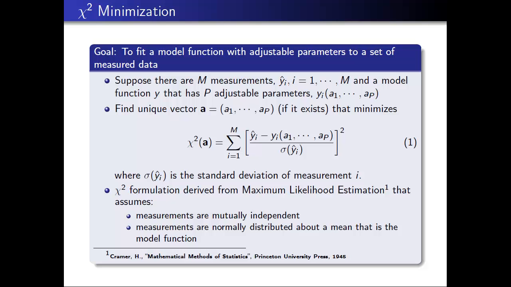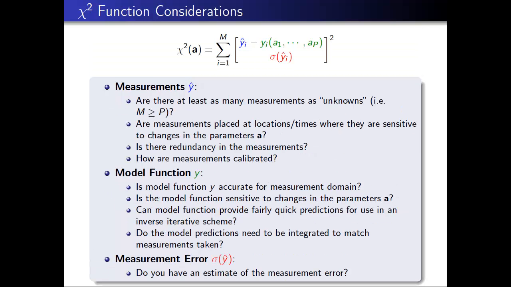First, that the measurements are mutually independent, and that the measurements are normally distributed about a mean that is the model function. So if either one of these or both of them are violated, and this equation is used to invert or solve some inverse problems, you may run into problems. So keep that in mind when you think about your choice of measurements, model, and parameters that you're looking for.